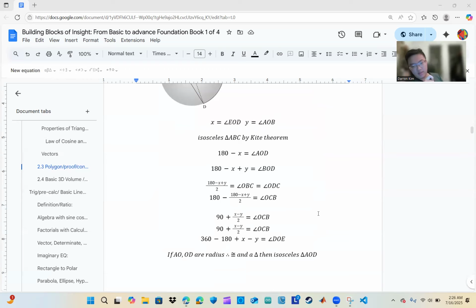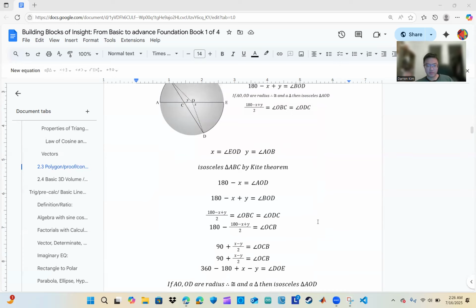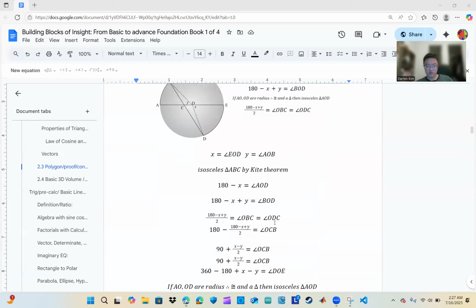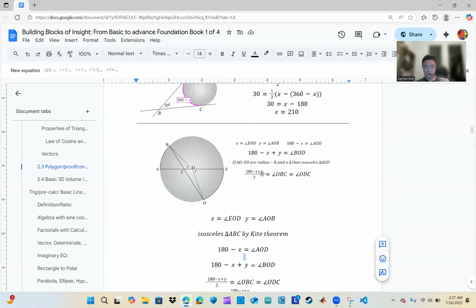All right, so we have 90 plus. Okay, all right. Let me just think. 180 minus x plus y. 180 plus x plus y divided by 2. That's correct, right?